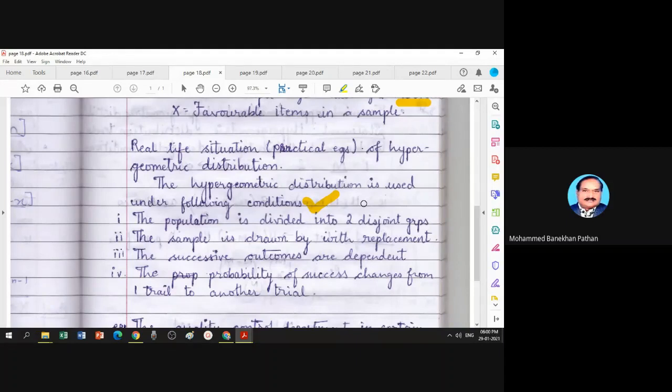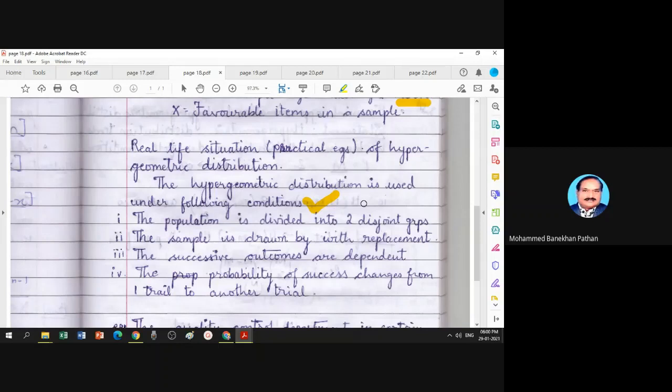And the third condition for binomial is that the chance of getting a success in one trial should remain constant in all the trials. Similarly, now for hypergeometric, you have to check some conditions prior to applying it.